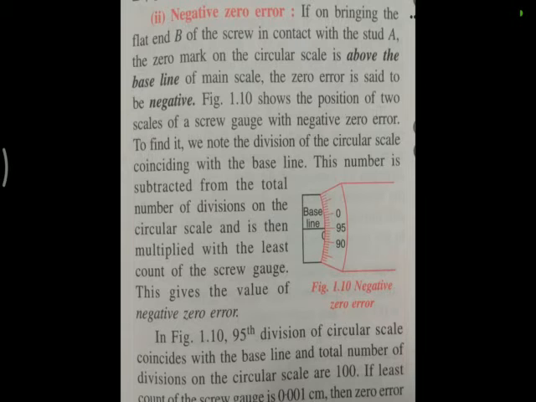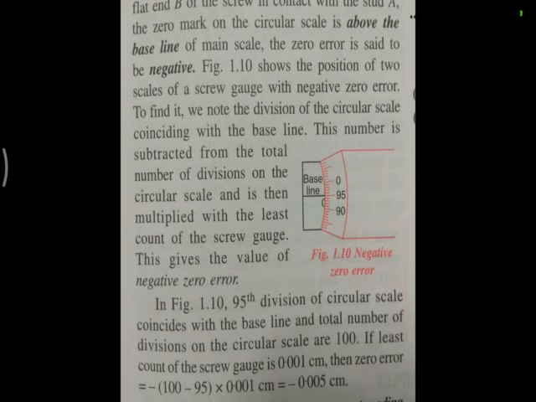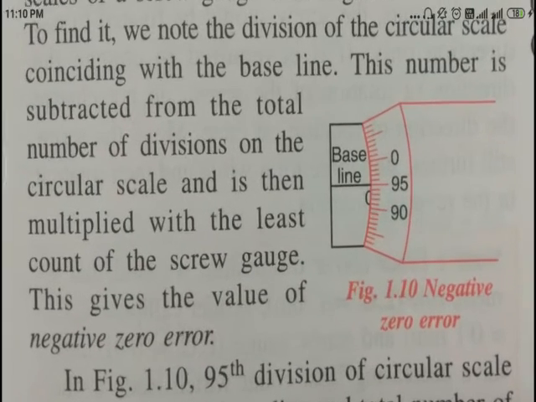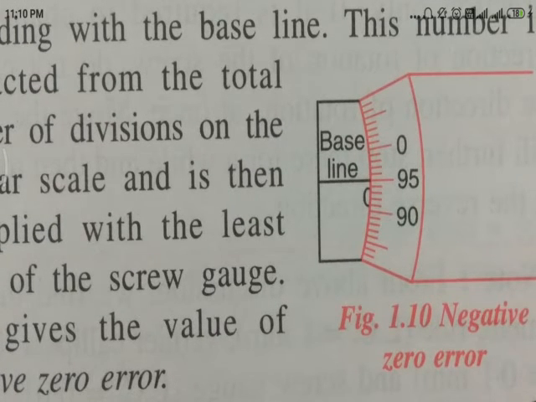Now, if error is there, then how much is it? For that we have the formula: minus, within bracket, total number of divisions minus the coinciding division. So over here, how many total divisions are there? It has 100 divisions. And which one is making the straight line with the baseline? It is 95. That means 95 is the coinciding division.